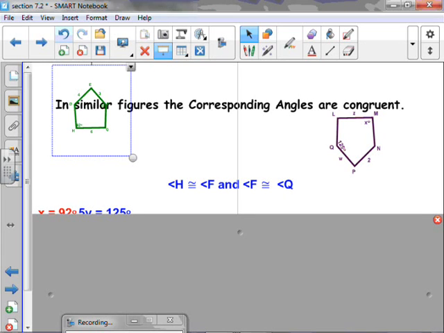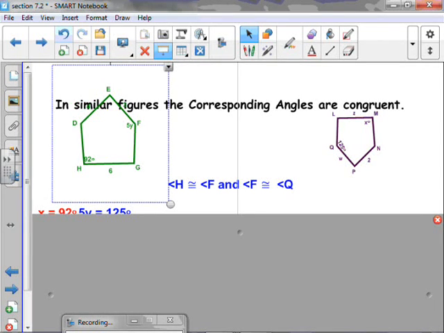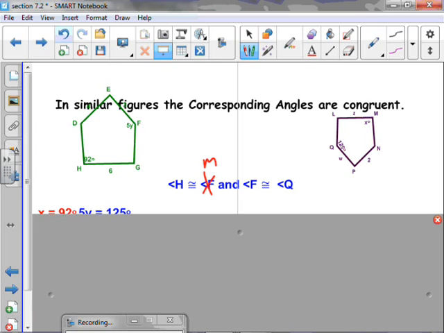Slight smartboard technical issues. Okay, so I know that H and M must be congruent to each other, and F and Q must be congruent to each other. Okay, so I automatically know that H is 92 degrees, so M must be 92 degrees.